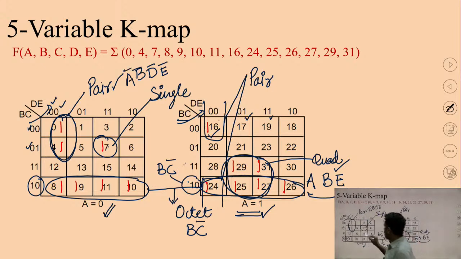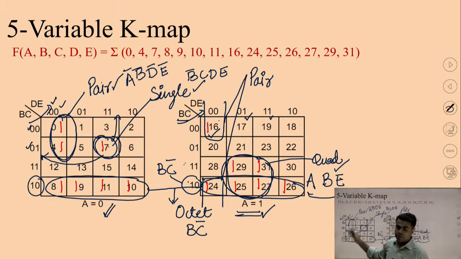Okay. Similarly, this single one corresponds to 0 1 from here. 0 1 means B bar C, and from the column side it is D E, and again this group is only available in the first K map. That means it will also be accompanied with A bar.